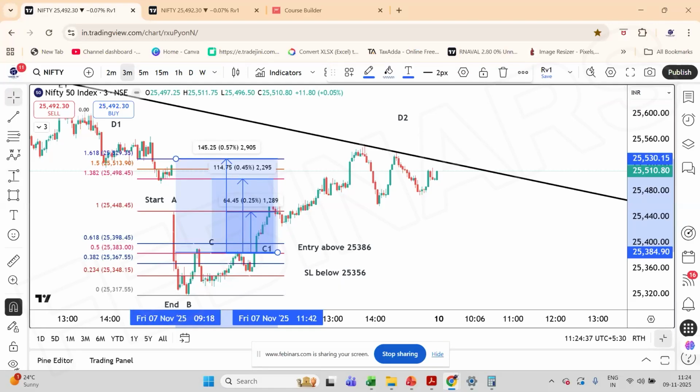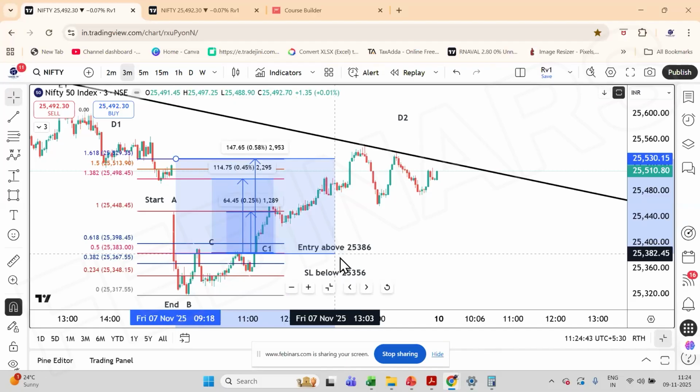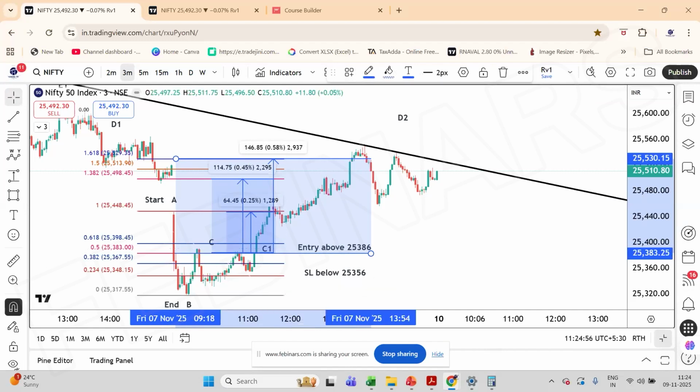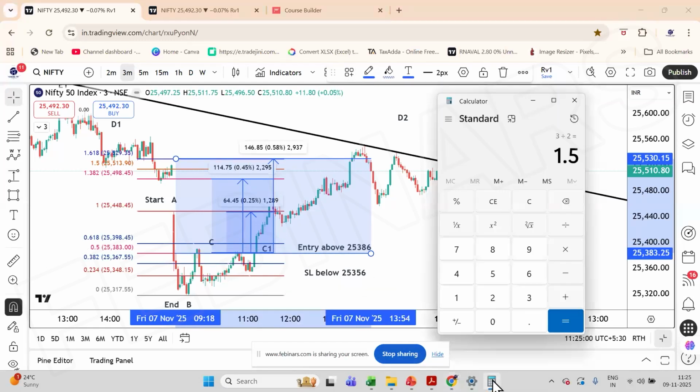It's almost like 150 points. The beauty of it is 150 points almost captured. 1 is to 5. In the Friday's trading session, just using the simple power of Fibonacci, we are doing it.